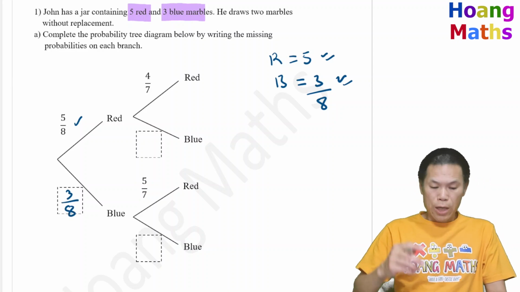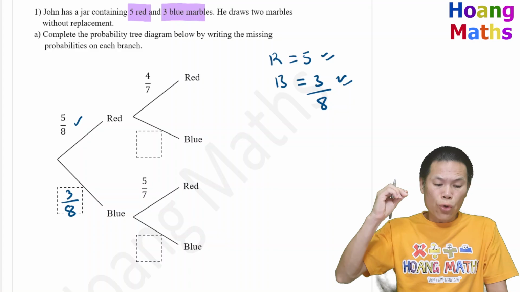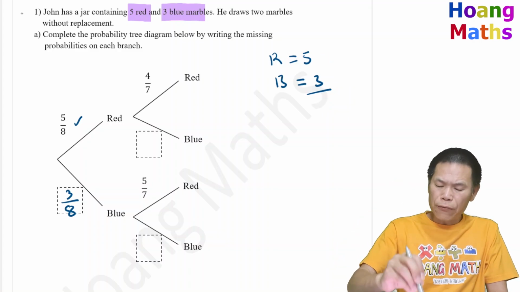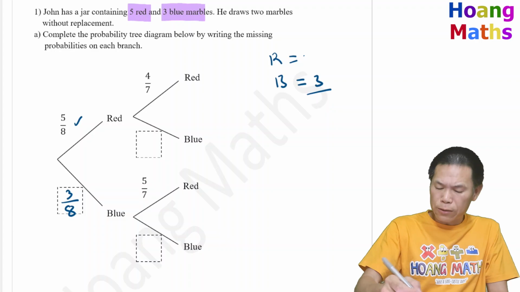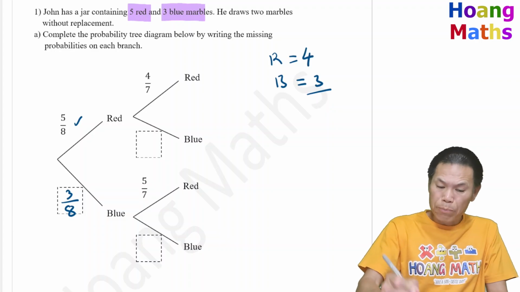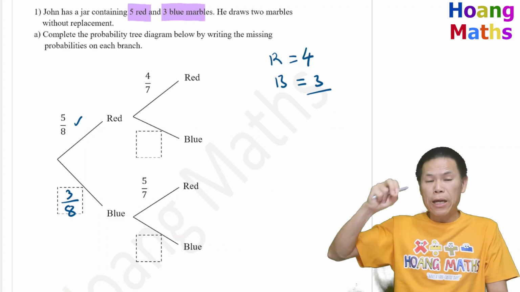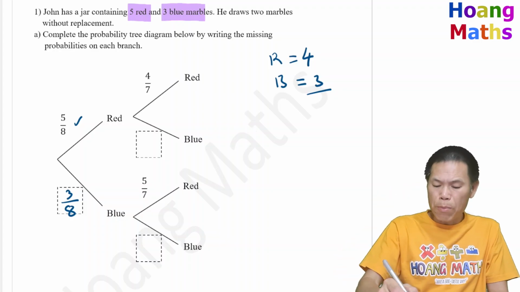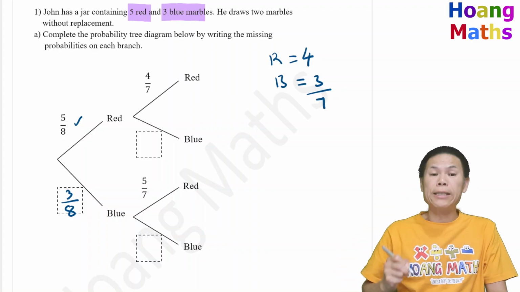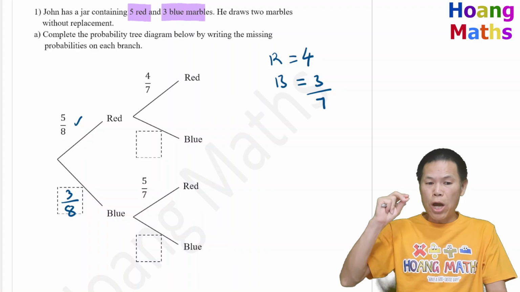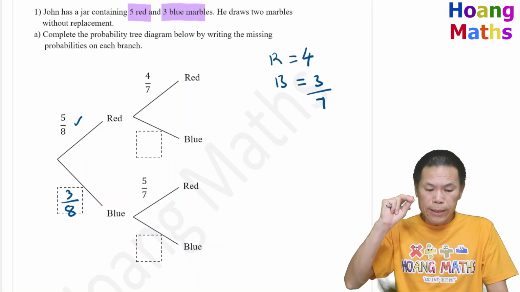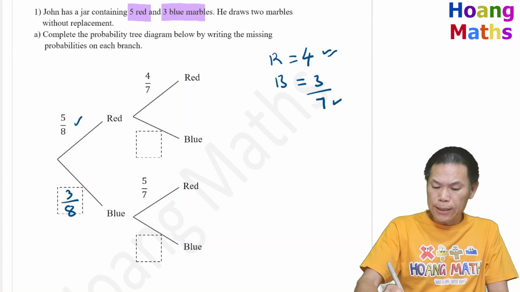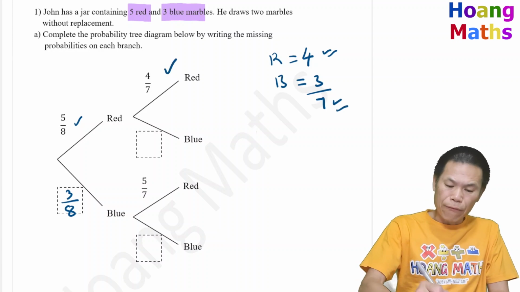There you go. Let's say the first draw is red. This means red was 5, and now for the second draw there will be 4 left, because John already picked a red marble. The total number of marbles now is 7 instead of 8. Keep that in mind. So the probability of getting a red is 4 out of 7, which is done for us.